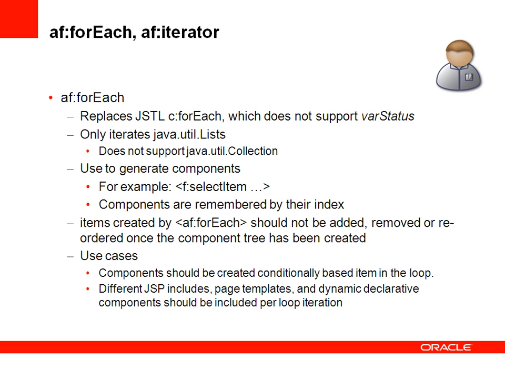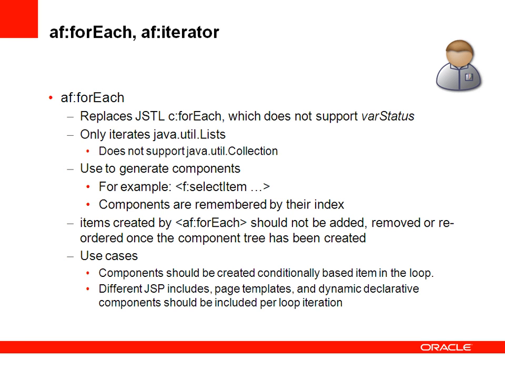The components that are laid out by the AF for each are remembered by the index, so not by any sort of row key. So that means that if in the AF for each case, dynamically within Java, you remove one of the child components that are printed by this, then the other one would just move up, which means that the index that this component had before now is assigned to another component.